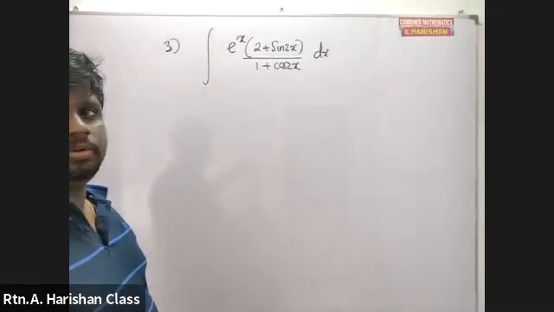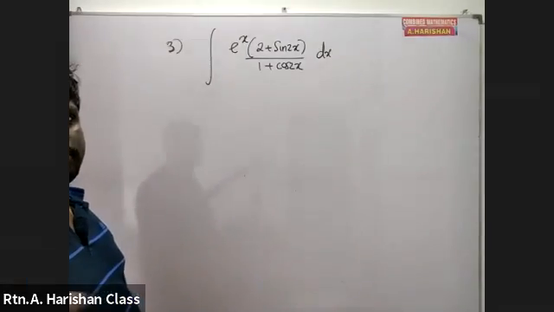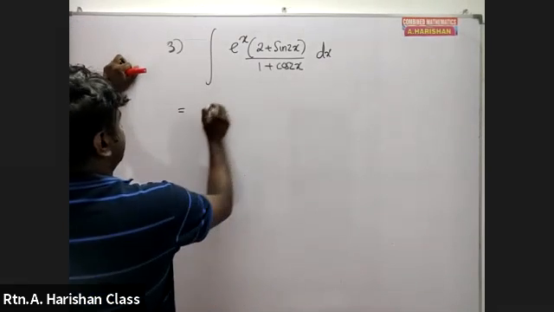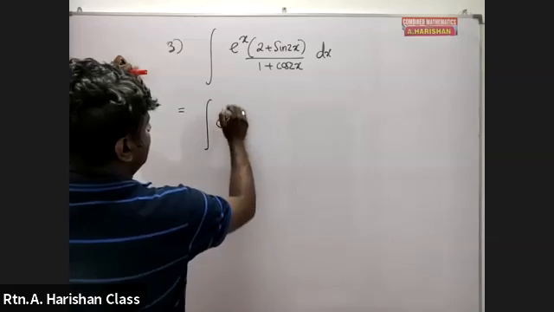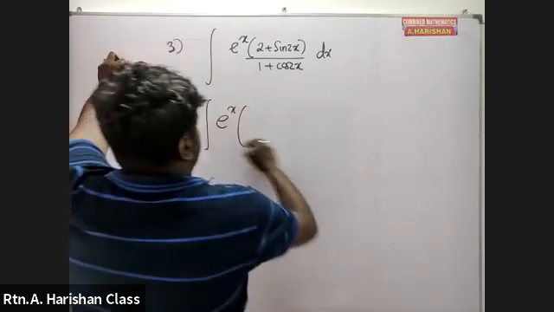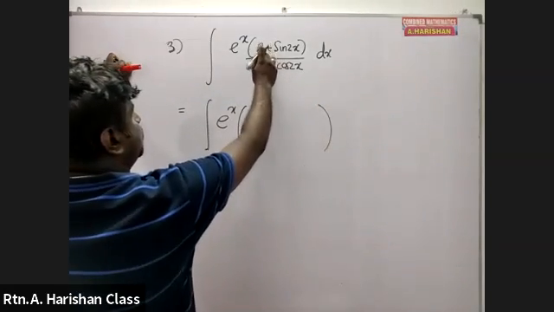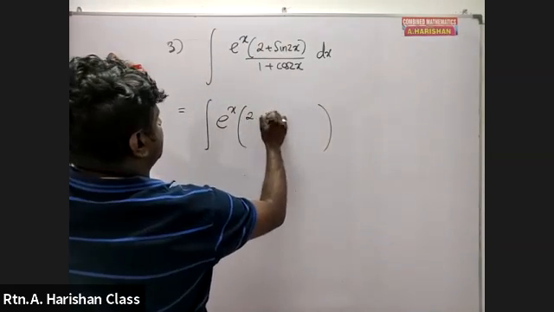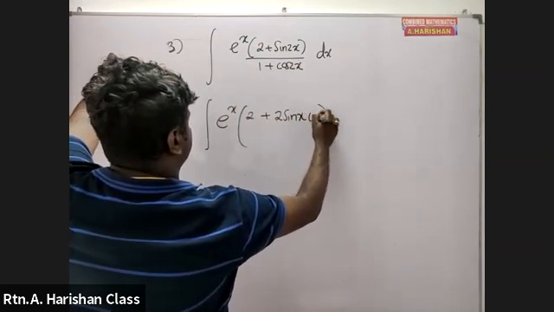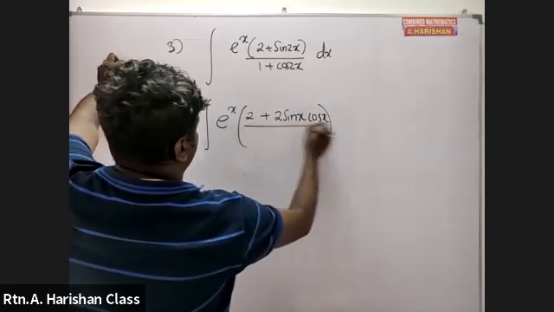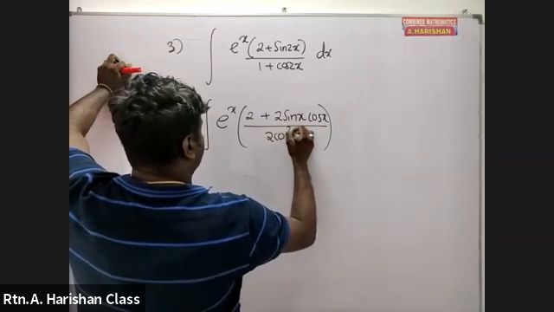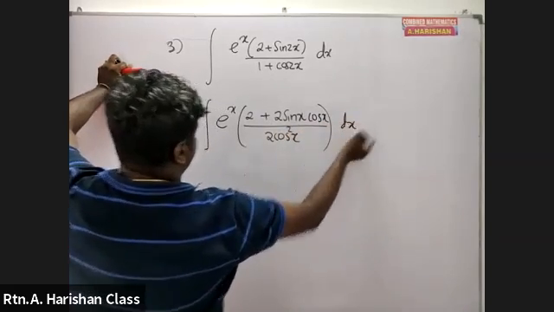Okay, hopefully you are trying to do this one. So what you can do, you have to simplify this. You keep the e to the power x. Here sine 2x, we can write 2 sine x cos x, over 1 plus cos 2x, you can write 2 cos square x dx.